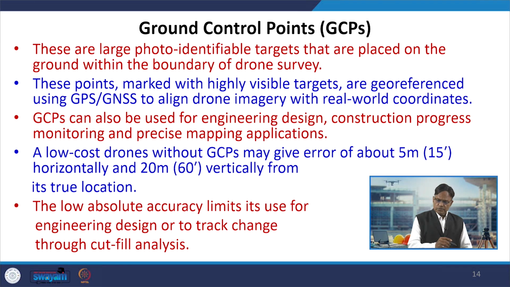These points are marked with highly visible targets and they are geo-referenced using GPS or GNSS data. So, we know the coordinates of these points and we use the coordinates to align the drone images with the real world coordinates. So, we align the geo-referenced drone images with respect to the known ground control points.